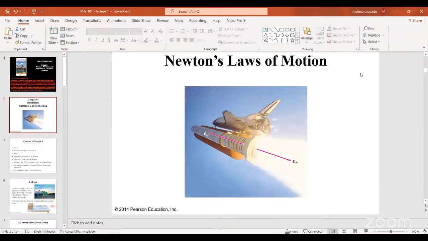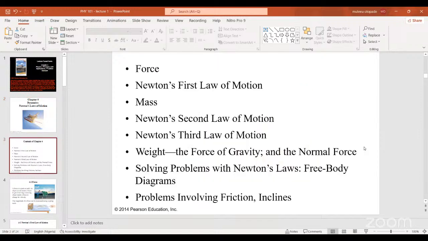So today, I hope you can all view the slide. Now we have Newton's laws of motion. And under that, we will be studying forces, because it is the force itself that makes up the laws of motion that we will be studying. The laws of motion, which were established by Isaac Newton, can be divided into three.